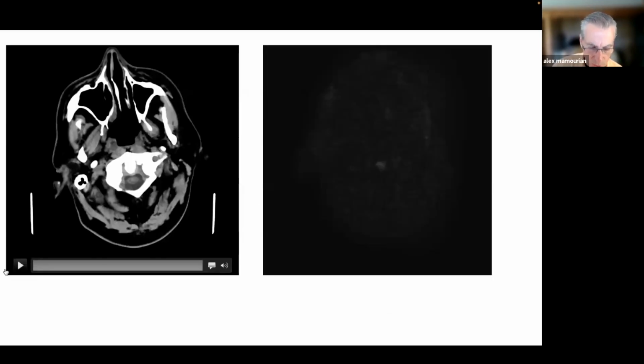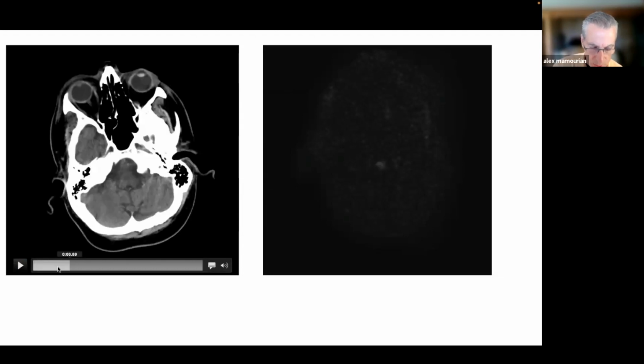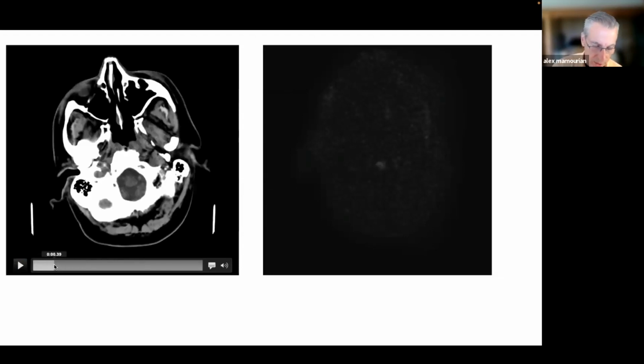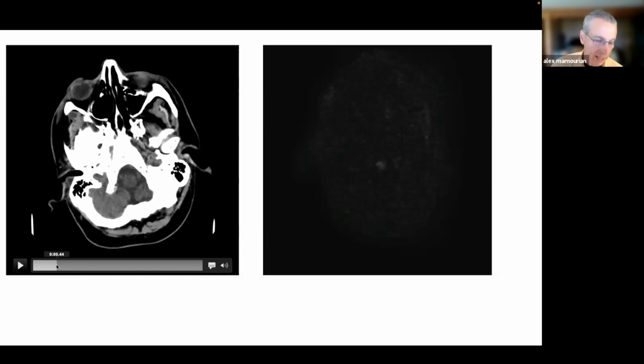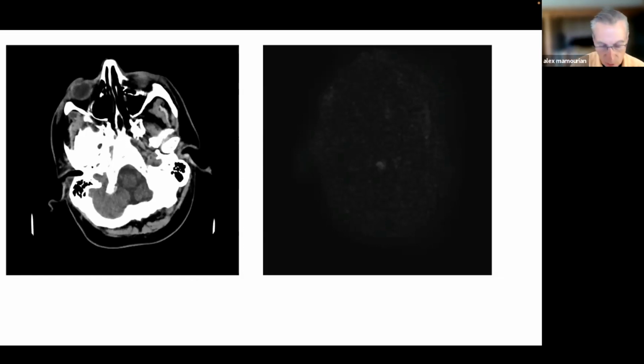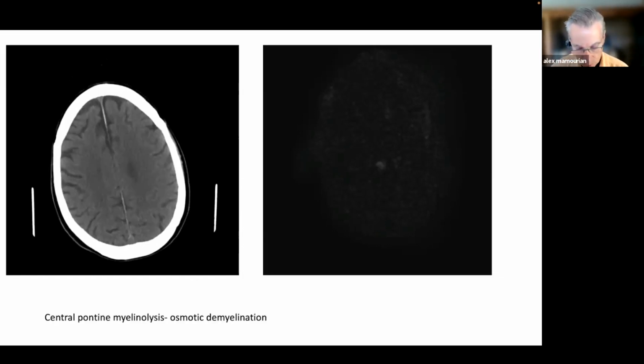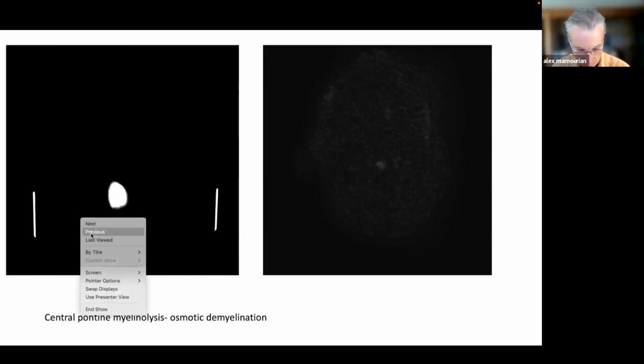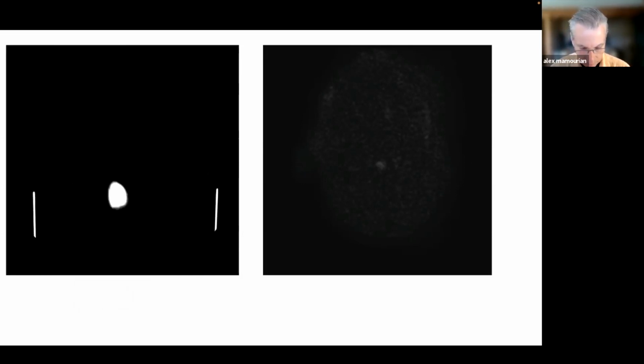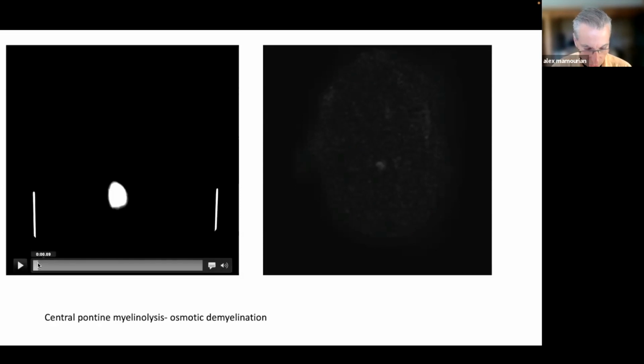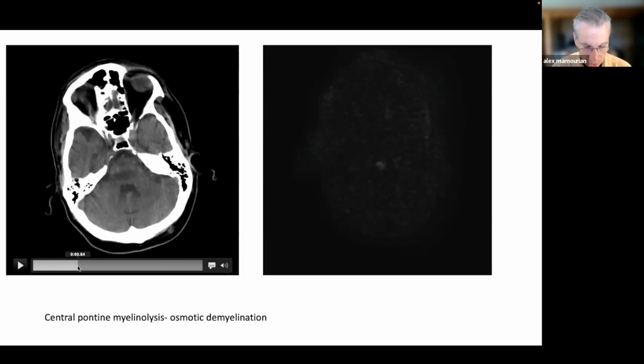Now I wanted to show you this patient, who was in the hospital, had a low sodium that they were correcting when the patient became quadriplegic. As we look, you can see this artifact through the pons.